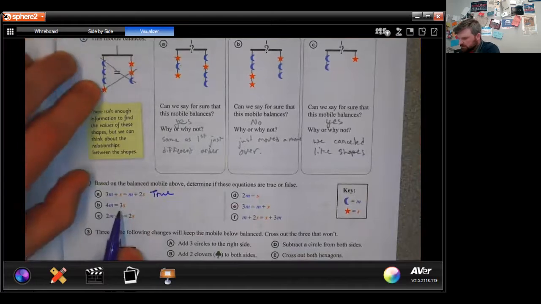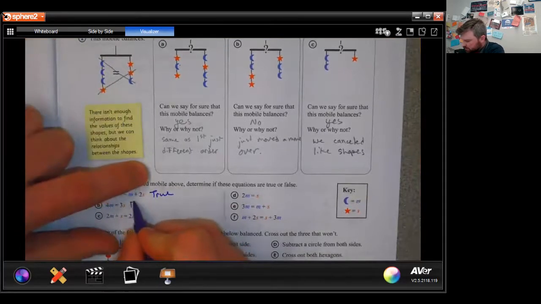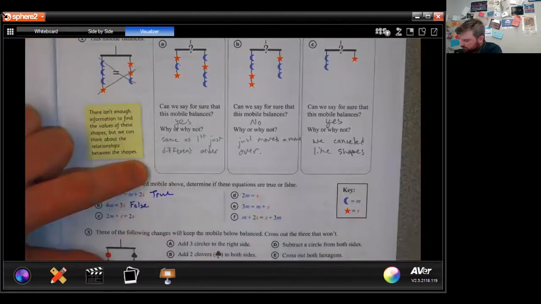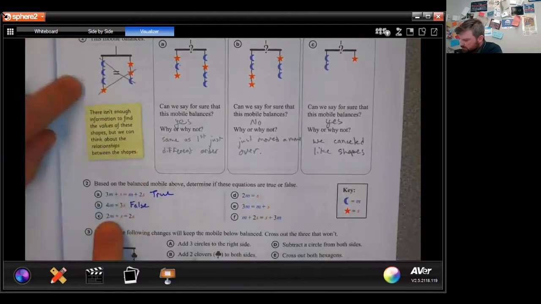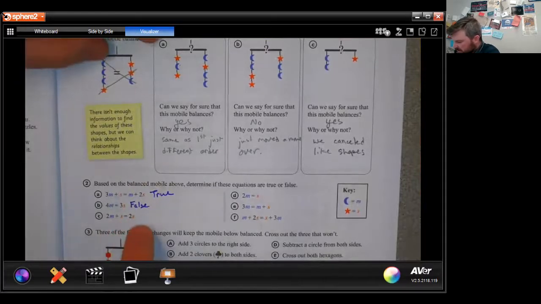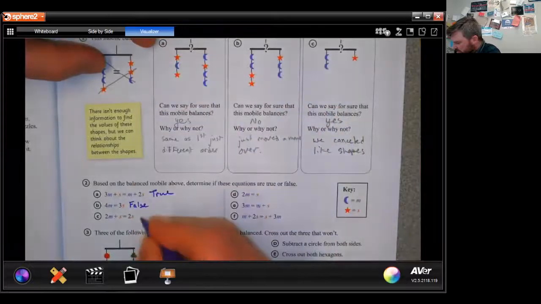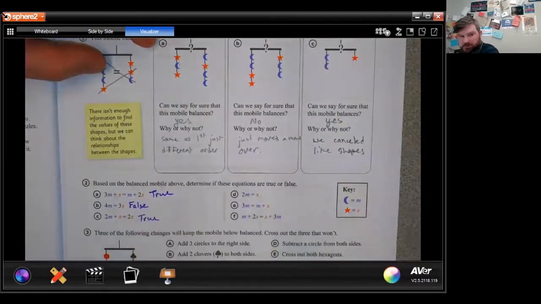So 4 moons equals 3 stars. So they just flip-flop these. This is false. Okay, 2 moons and a star equals 2 stars. So what they did there is they just canceled out one of the moons. So that would be true.